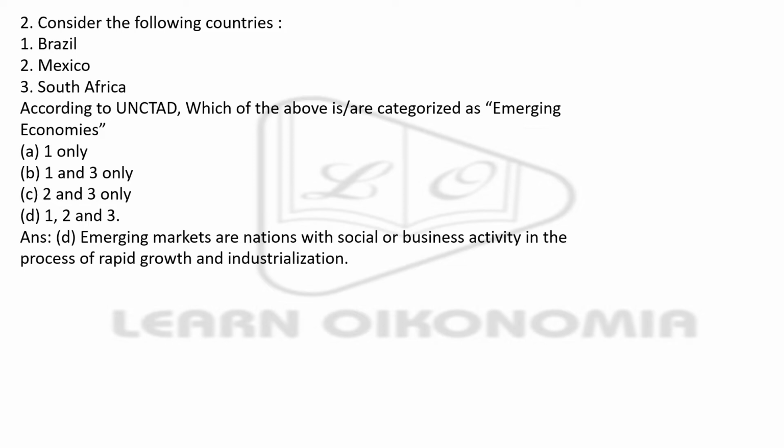These are nations with social or business activity in the process of rapid growth and industrialization. So these nations are on the path of rapid industrialization and rapid growth. You have Brazil, Mexico, and South Africa in the question, and the right answer is option D. That is, all these nations are considered to be emerging economies or emerging markets.